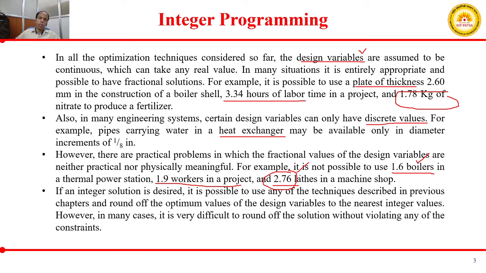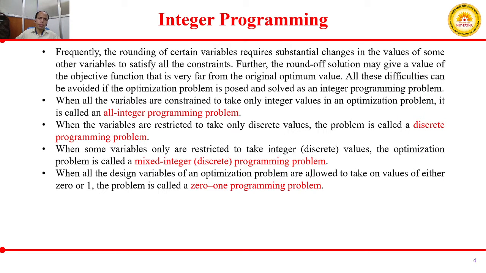Sometimes it works, sometimes it does not work, because these variables are dependent on several other variables. They also affect each other, and it might be possible that rounding off is not going to work. So what is the issue with rounding off, and how do we get the solution of such kind of problem, we will discuss today.